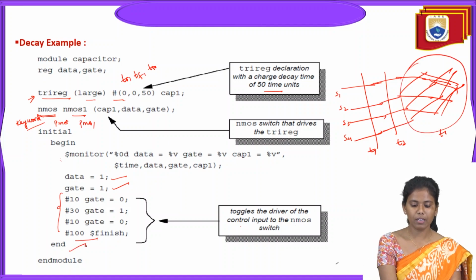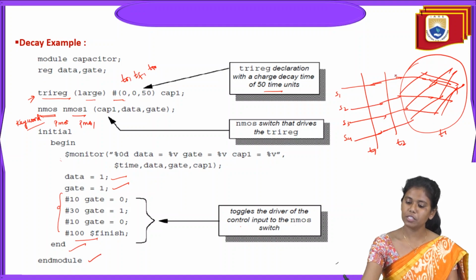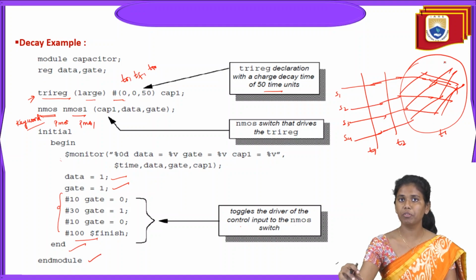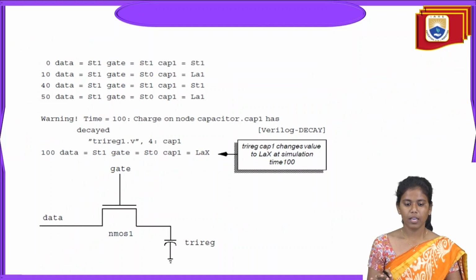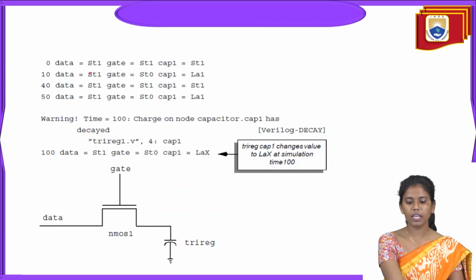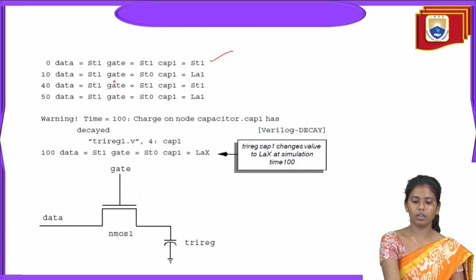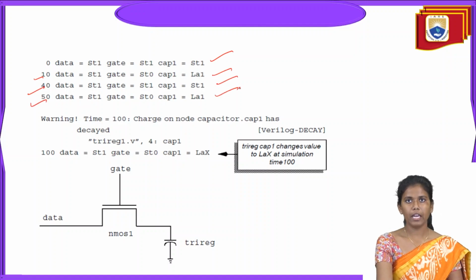Okay. And finally, endmodule. What happens if the toggling takes place is that the information, whatever these 4 signals are carrying at a certain point of time, will be decayed. Okay, it collapses. And then we will see at time 0, the state is 1; at 10, the data is LA1; at 40, data ST1; and at 50, data LA1 as well.